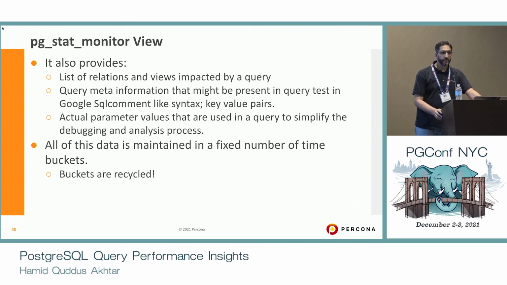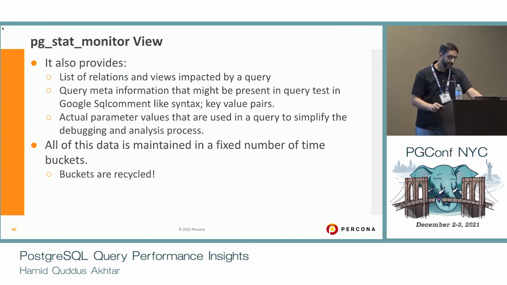Query meta information: if you've stored that as multi-line comments, it's going to capture that and maintain those key value pairs, which can be useful in tracking any metadata about the application. So you can track whether this is coming from application X or Y, so that information can be maintained separately.